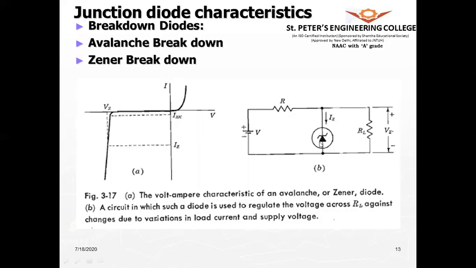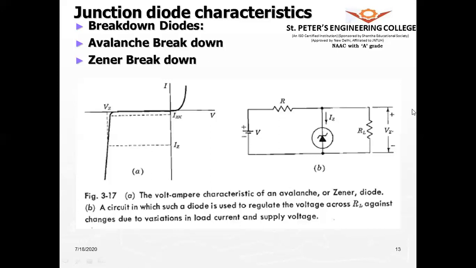So when the voltage varies or there is slight variation in the load resistance also, this diode does the reverse breakdown. Because of the reverse breakdown process, there is a current that flows and maintains a constant output at the RL.